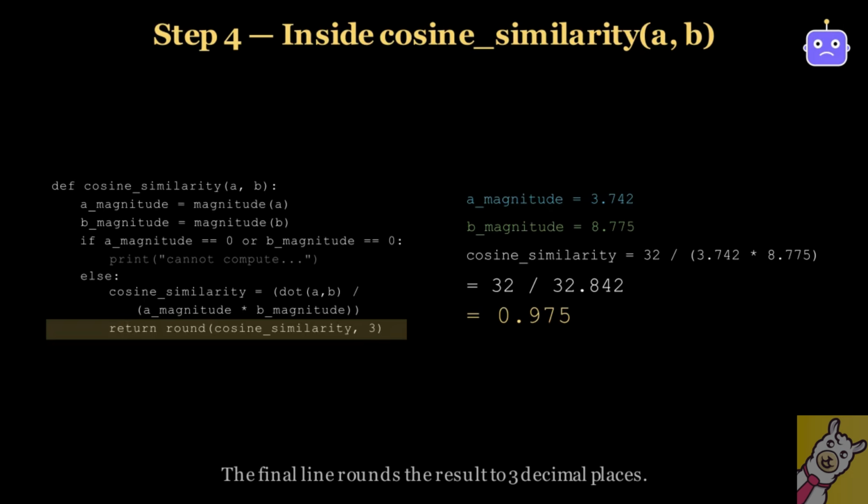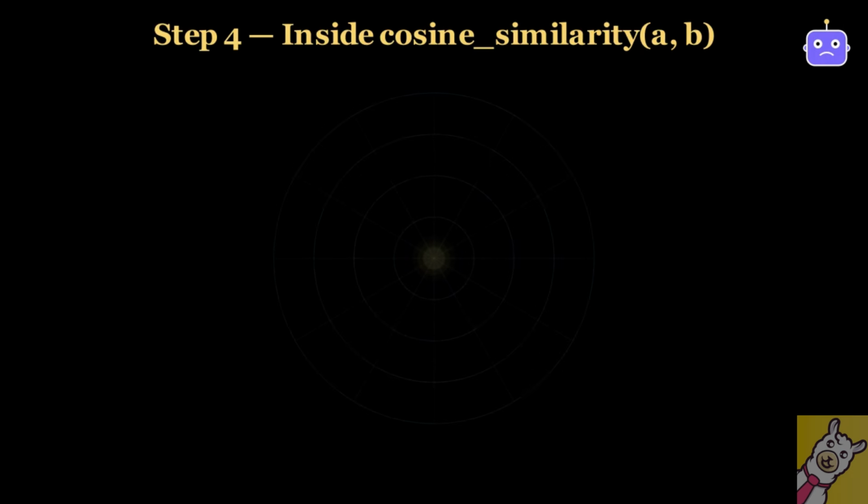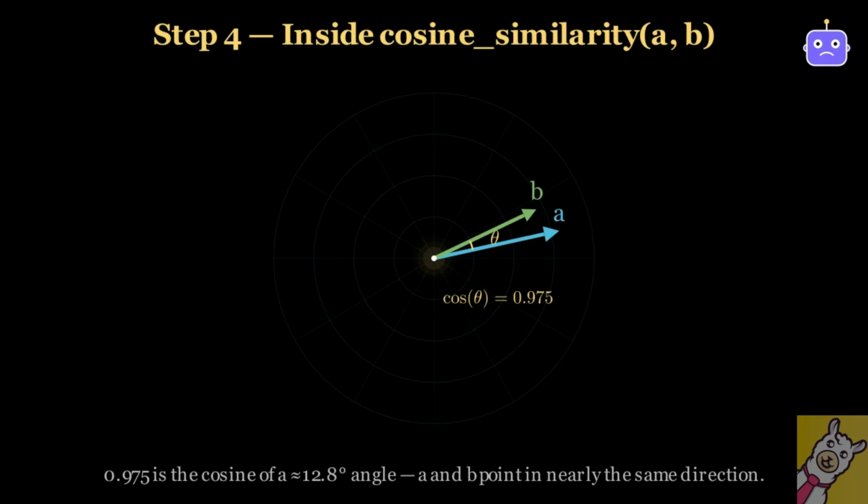And because this value is very close to 1, the two vectors point in a very similar direction. In fact, an angle whose cosine is 0.975 is approximately 12.8 degrees. So the number 0.975 has a geometric meaning. It tells us that the angle between these two vectors is quite small.